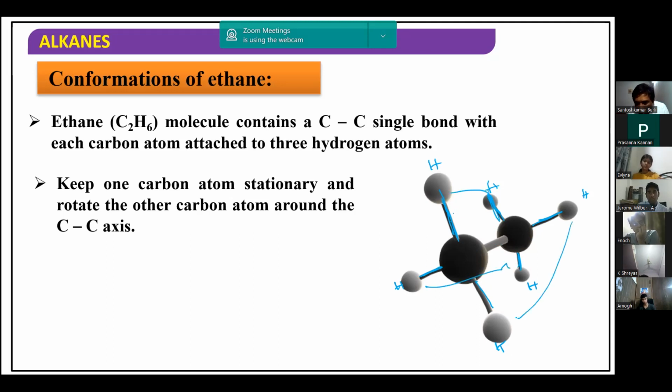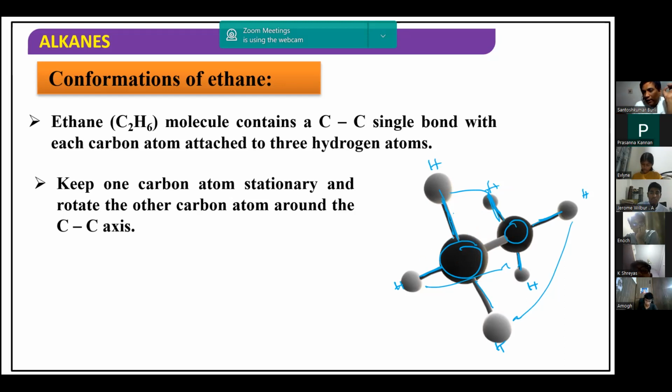When all the 3 CH bonds are nearest to each other, we have one conformation called the eclipsed conformation. If the CH bonds on this carbon and this carbon are nearest to each other, we call such a conformation eclipsed conformation.